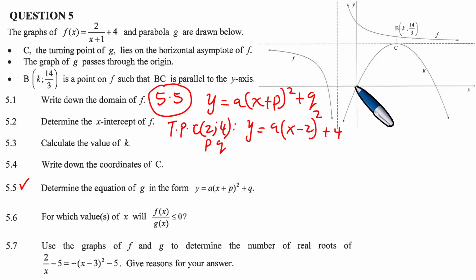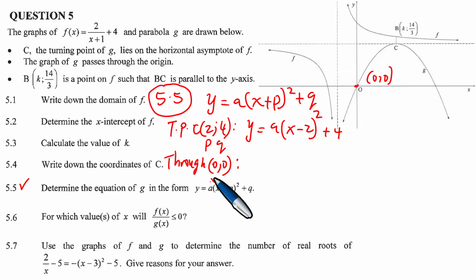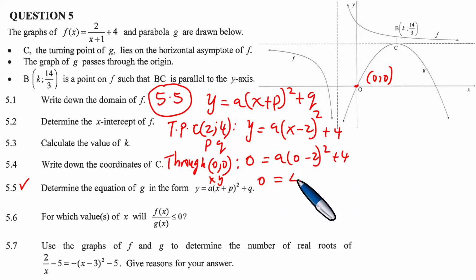Moreover, this parabola will need an extra point, and it passes through the origin. So you need to write that it passes through the origin (0, 0), giving x and y. As a consequence, y is 0 and x is 0: 0 equals a(0 minus 2) squared plus 4, which gives 0 equals 4a plus 4.